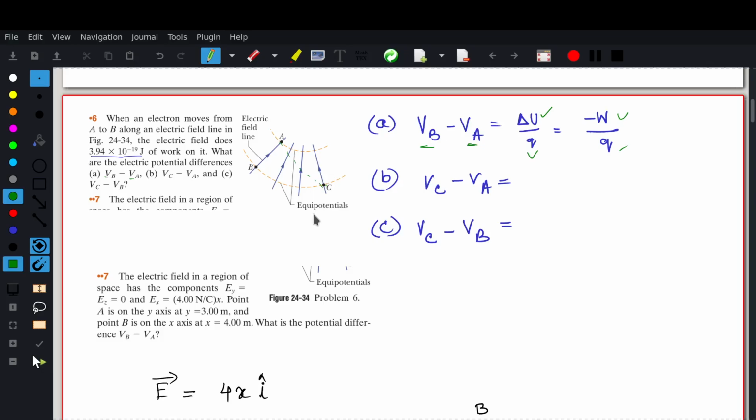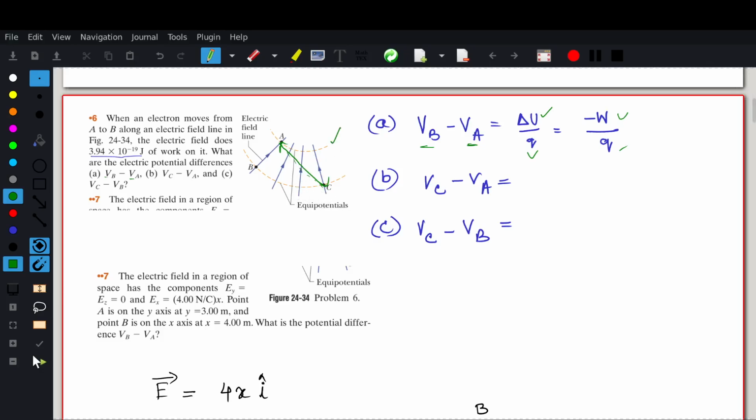The potential energy upon the charge. Right. So will it be different? Will it depend on the distance from A to C? It should not, right?